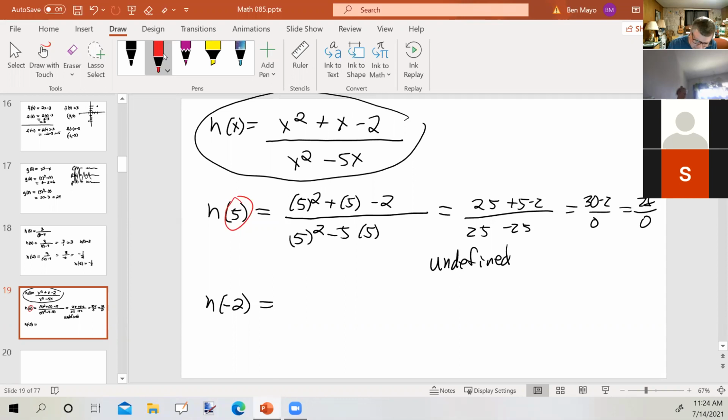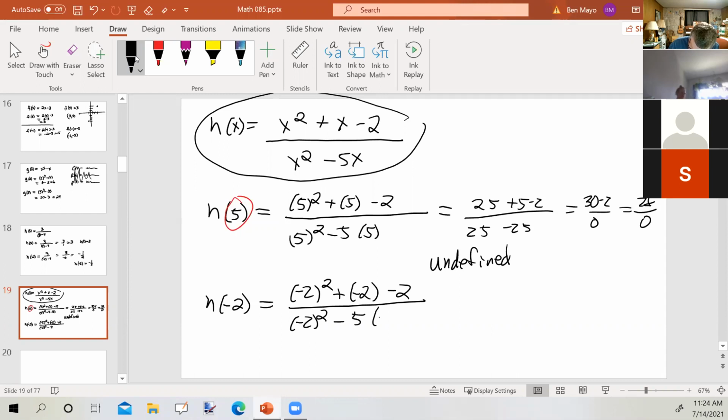Okay, now let's find H of negative 2. That's going to be negative 2 the quantity squared plus negative 2 minus 2 over negative 2 the quantity squared minus 5 times negative 2. Negative 2 the quantity squared is 4. 4 plus negative 2 minus 2 would be what? 0.